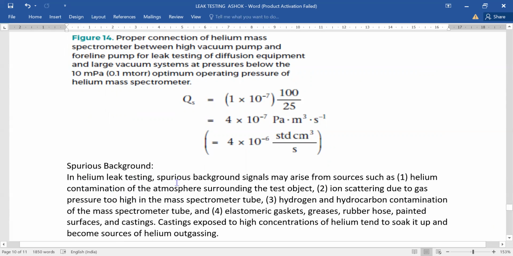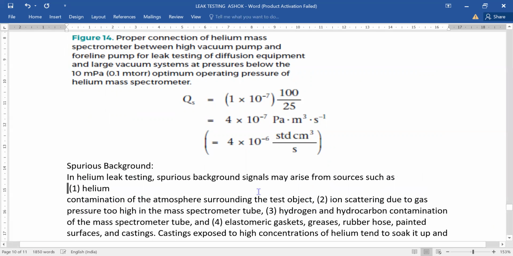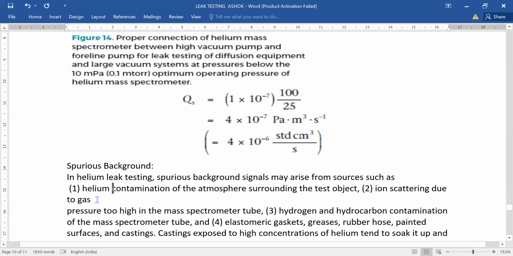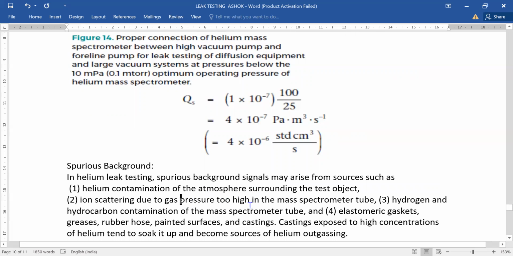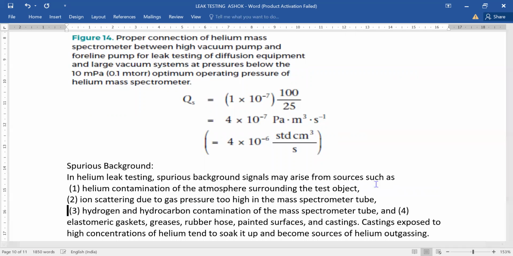Spurious background signals in helium leak testing come from helium contamination of the atmosphere surrounding the test object, ion scattering due to gas pressure too high in the mass spectrometer tube, and hydrogen and hydrocarbon contamination of the mass spectrometer tube.